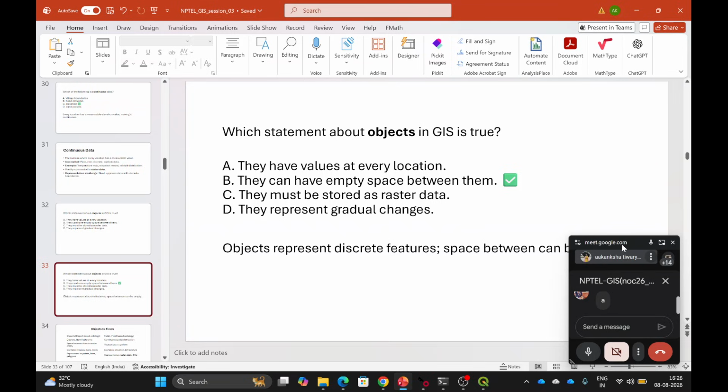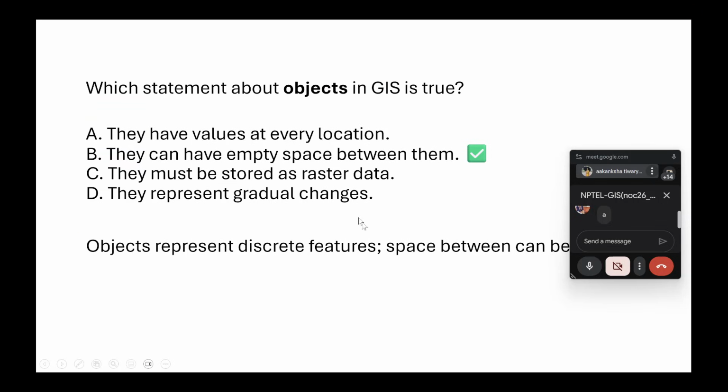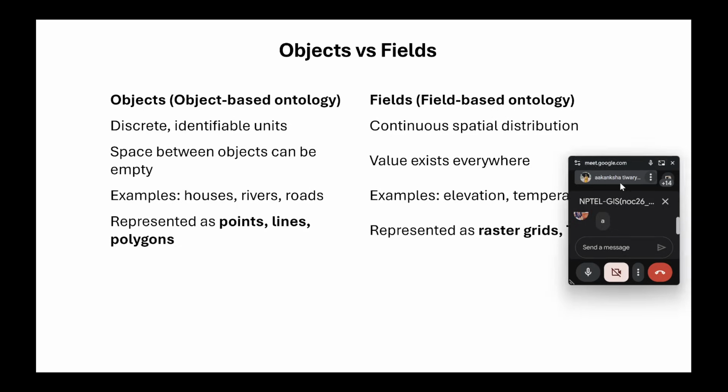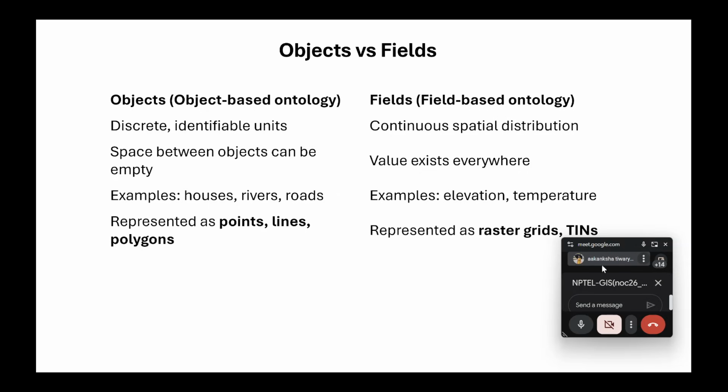So these objects are basically discrete features, and there can be space in between them. Okay. And all the other features are features of a raster or continuous data set, or a field as we say. So the continuous data sets are also called fields.